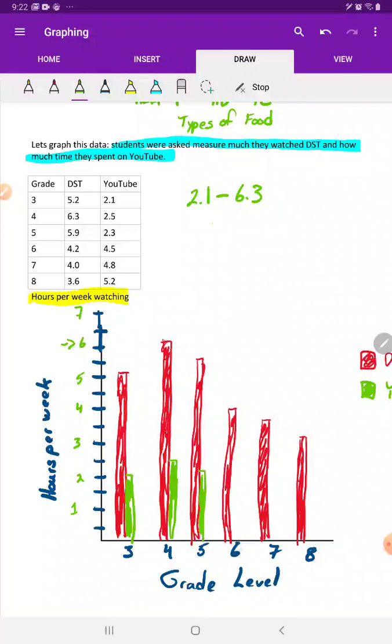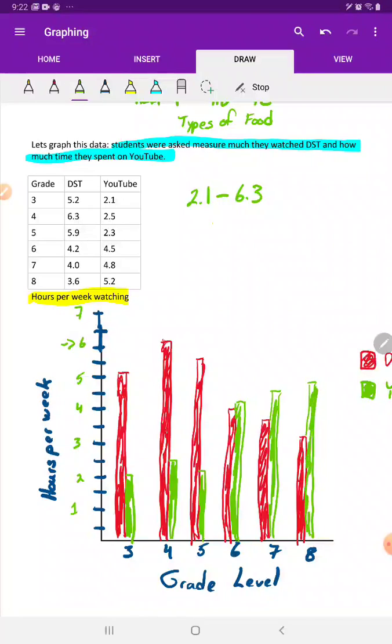Grade 6, I'm going to go 4.5, which is up here. There we go. Grade 7, I'm going to go 4.8, which is there-ish. And then grade 8, I'm going to go 5.2, which is there-ish.